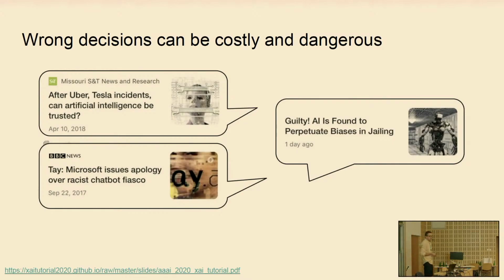Or if we use deep learning in jailing systems, for example, they can be very racist also.